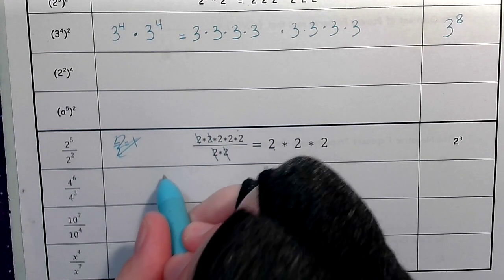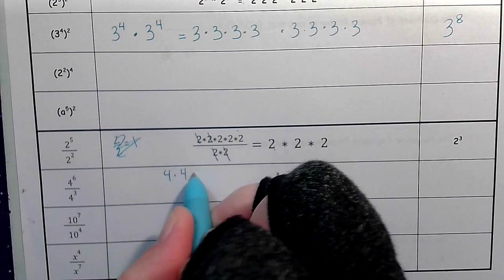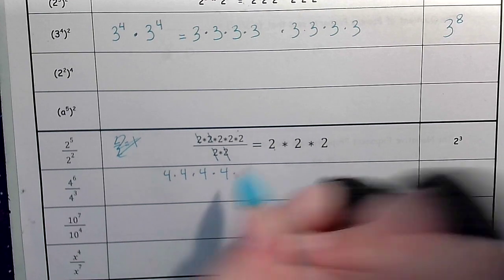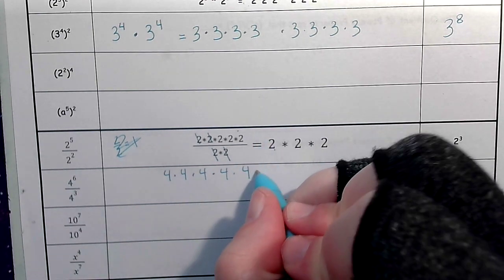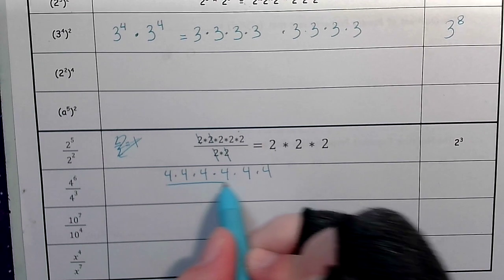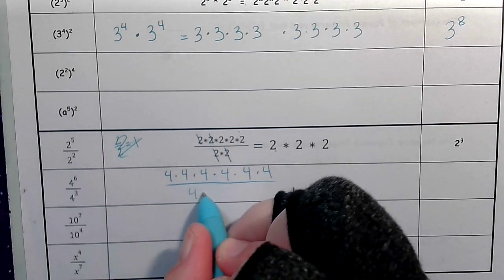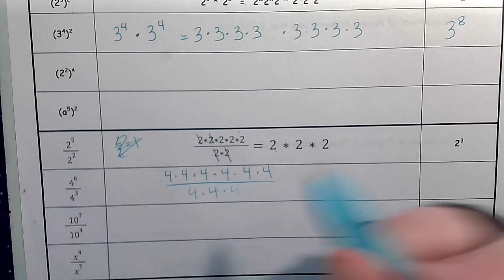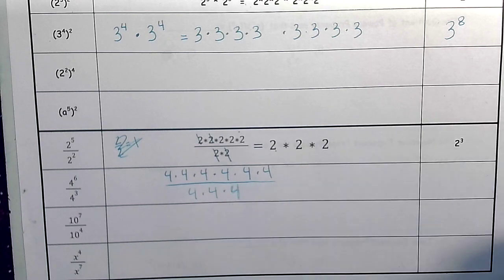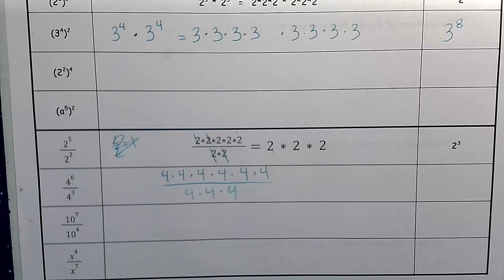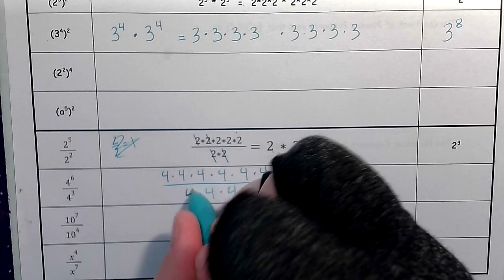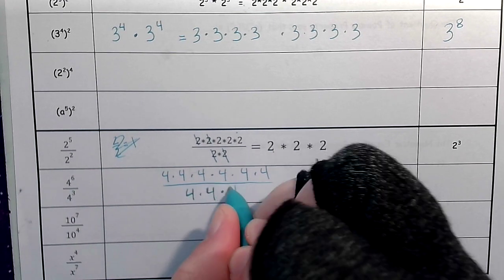4 to the sixth. So 4 times 4 times 4 times 4 times 4 times 4, over 4 to the third. 4 times 4 times 4. Might have to change pens here. 4 times 4.